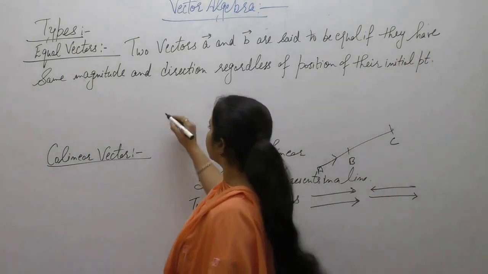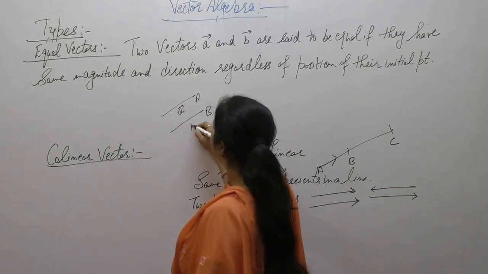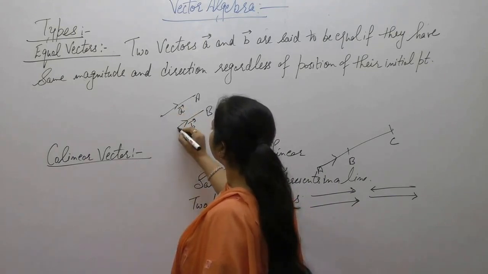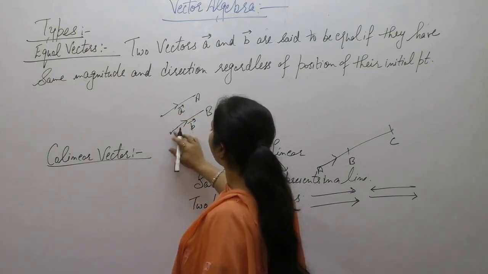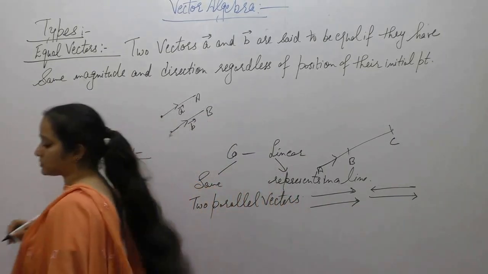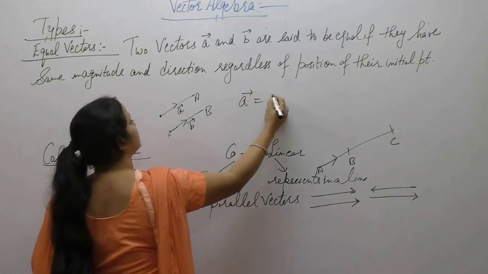Two vectors, A vector and B vector, are said to be equal if they have same magnitude and direction regardless of the position of their initial point.